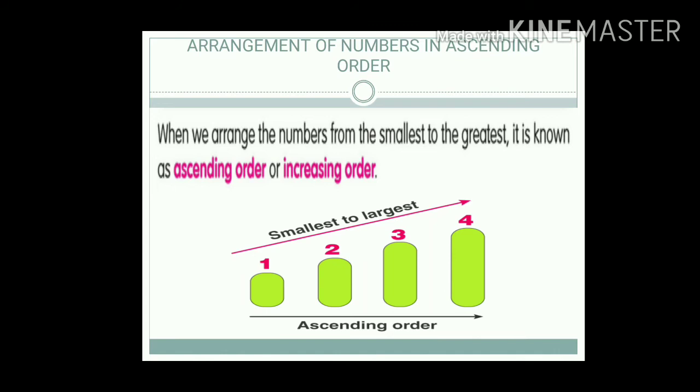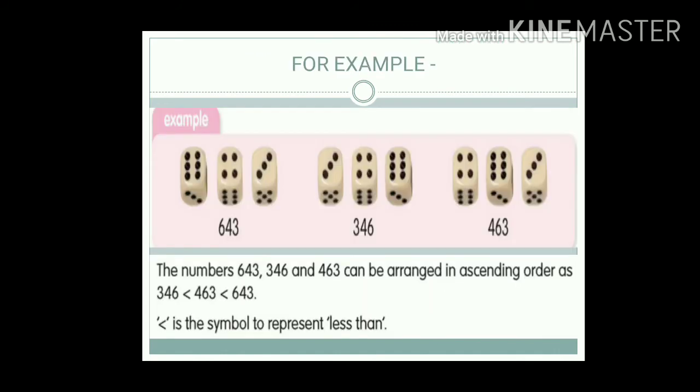Now we'll see some more examples that would help you to understand it better. See children, there are three sets of numbers: 643, 346, 463. So the numbers 643, 346 and 463 can be arranged in ascending order. How can we do that? We have to first begin with the smallest hundreds place, that is 3.